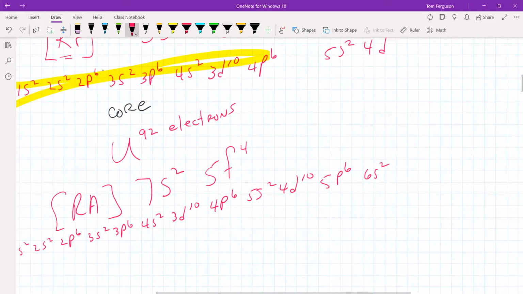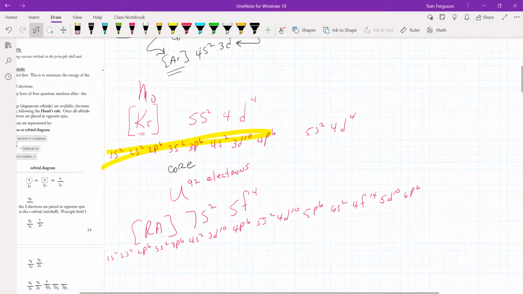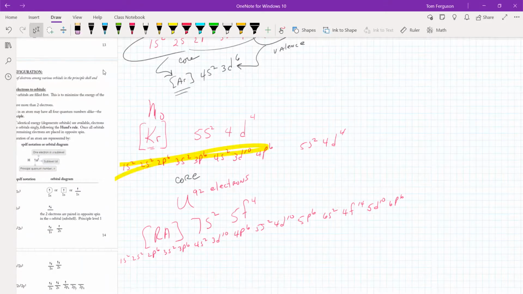Yeah, we're out of room here. That's radium, and then 7s2, 5f4.